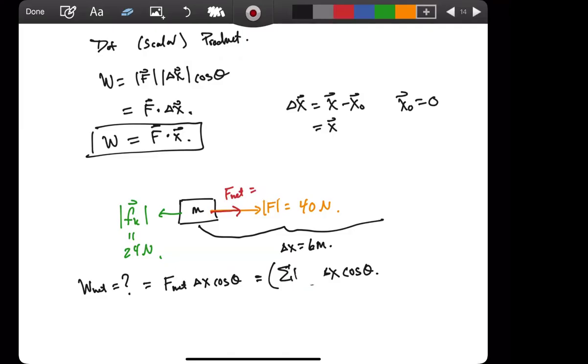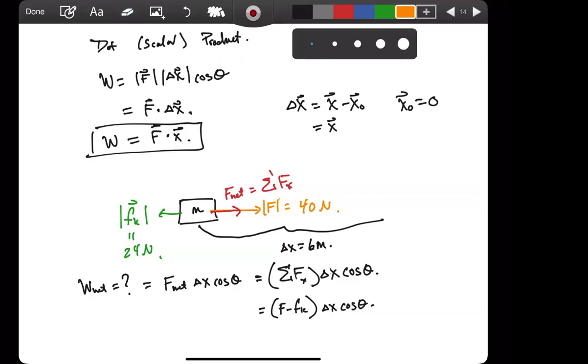So it's going to be my sum of my forces, right? So my sum of my forces, according to my picture, ooh, that went away. There we go. Is going to be equal to simply what? The force minus the friction force, because that's the net force, times my displacement times cosine of the angle between the two. Now, since my displacement is to the right, my net force is also pointing to the right.